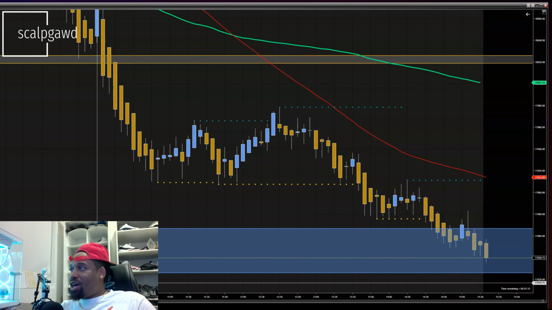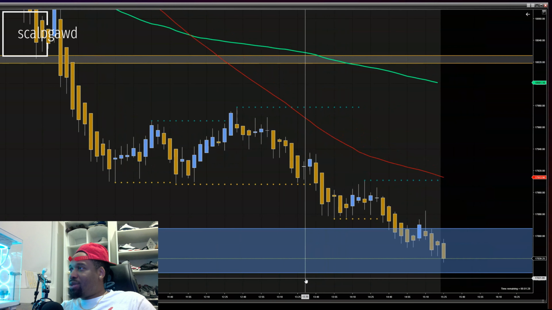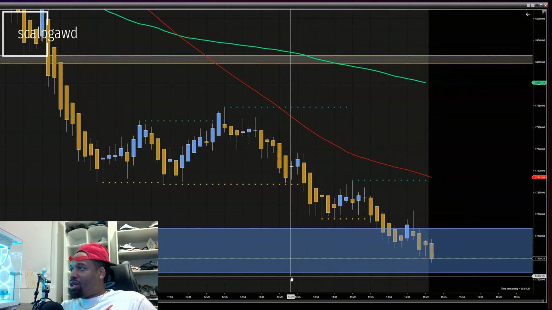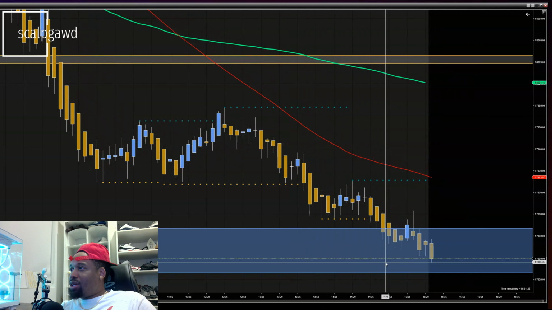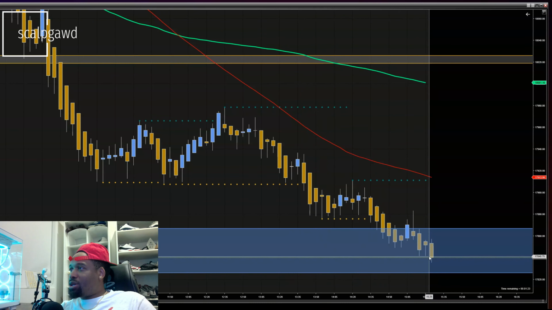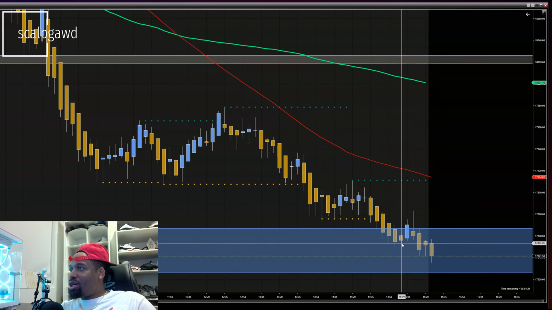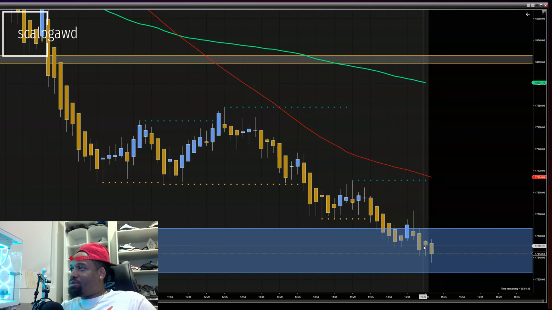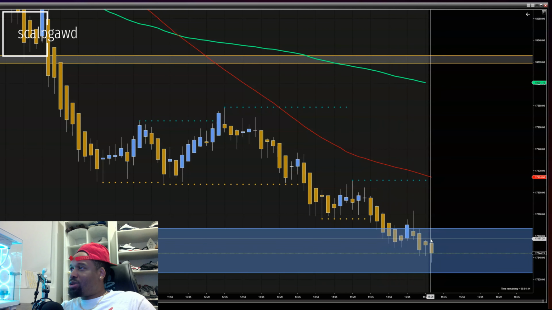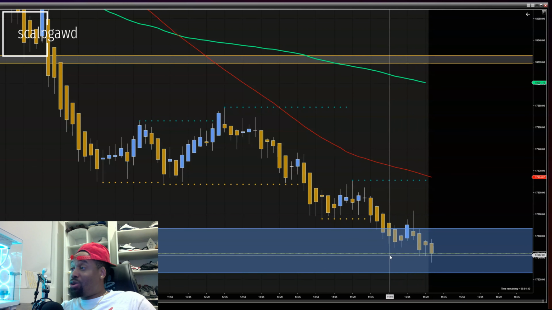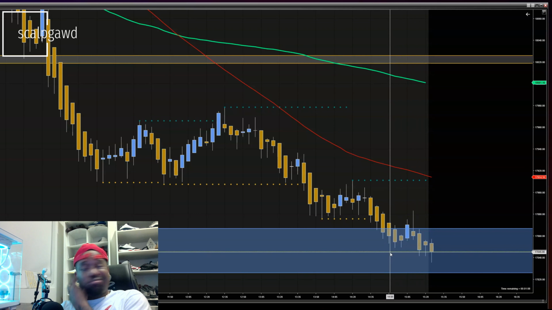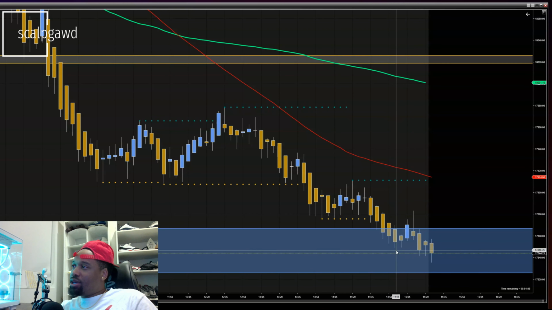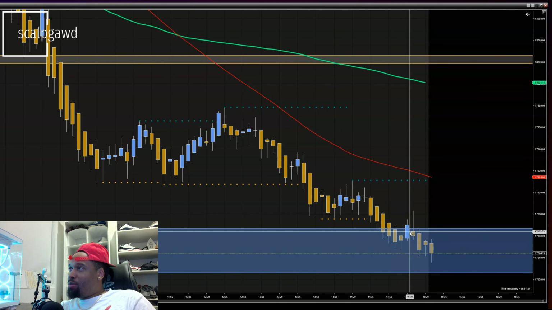But the 5 minute is actually showing me some signs that it may want to push up, get some rejection. We got a couple of hammers, a little doji. So yeah, I may look for an entry going long, I want to say, and maybe just scalping it.